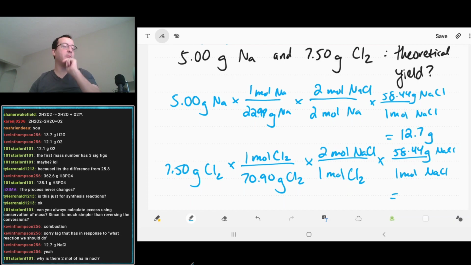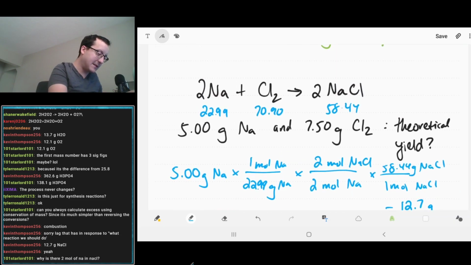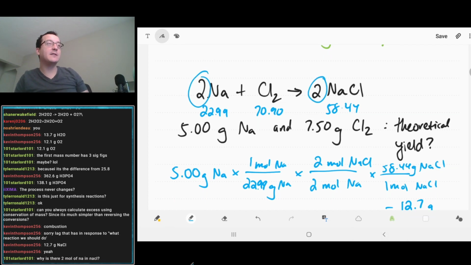Star-Lord, that's the reaction coefficients. That's these two numbers. So it's not saying there are 2 moles of sodium in moles of sodium chloride. However, we can see there would be 2 moles of sodium in 2 moles of sodium chloride, right? 2 in each one.